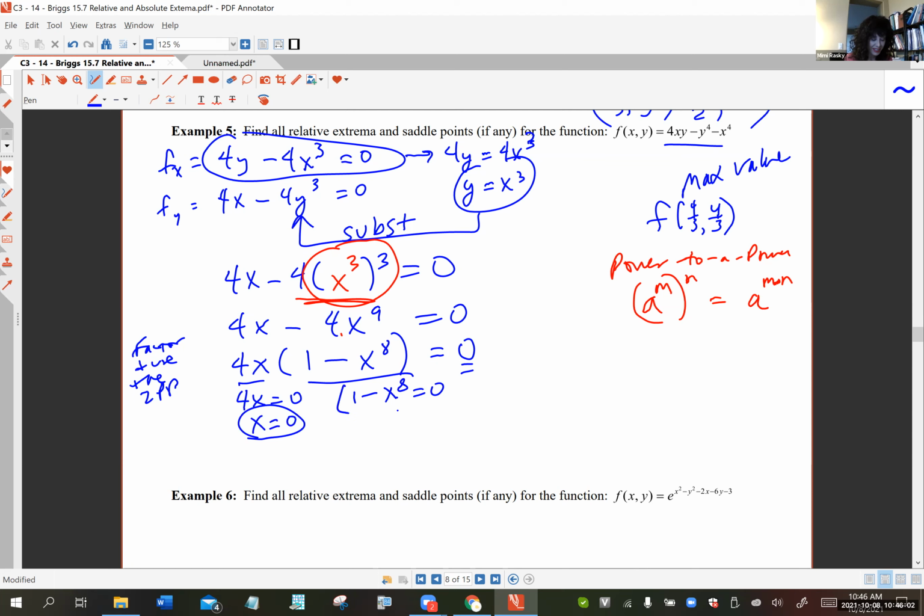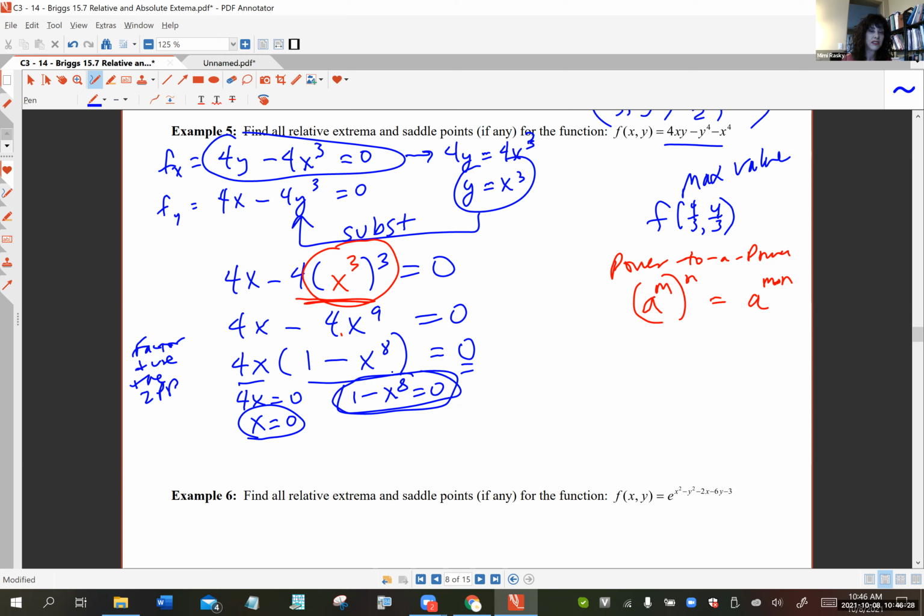And then this is kind of scary. That's an 8th degree polynomial equation. When you took pre-calc and you learned the fundamental theorem of algebra, I hope you remember that a polynomial equation of 8th degree would have 8 solutions, but some of them might be real, some of them might be complex.